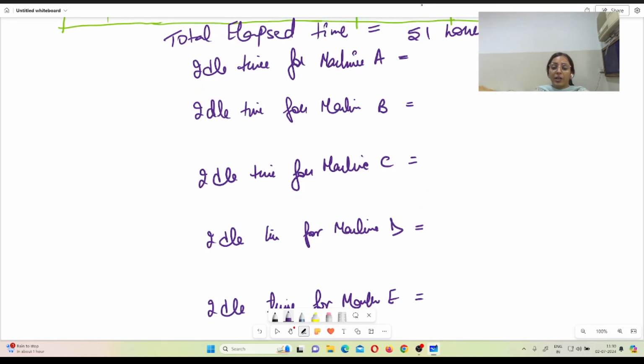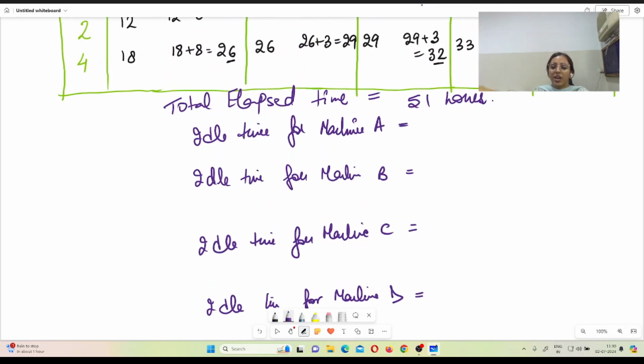Now we find it with the same process which we discussed earlier. Start with the first one, that is machine A. The total elapsed time is 51 and machine A has completed all its tasks at 26 hours. So till 26 hours it was working. After that machine A remains idle.